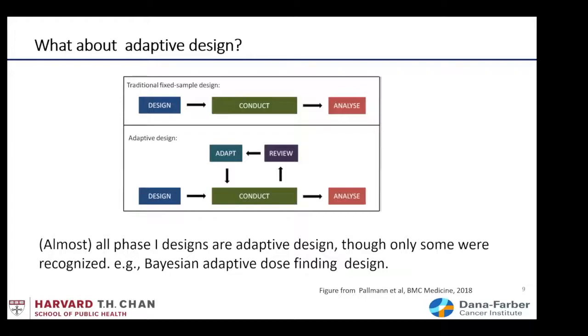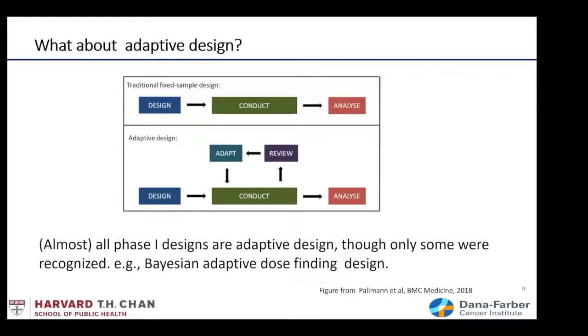So, before we compare 3+3 with adaptive phase 1 designs, let's review the concept and definition of adaptive design, as illustrated in this picture. For the traditional fixed sample design, you design a trial, it's written in a protocol, you conduct the trial, and then you do the analysis.